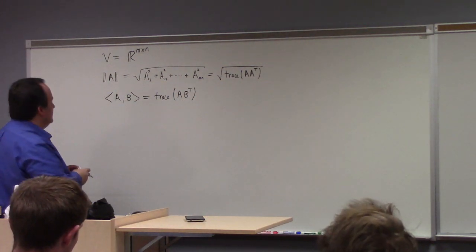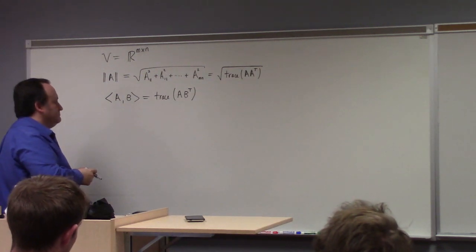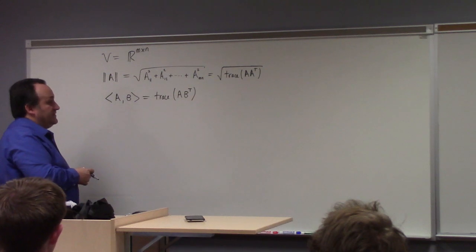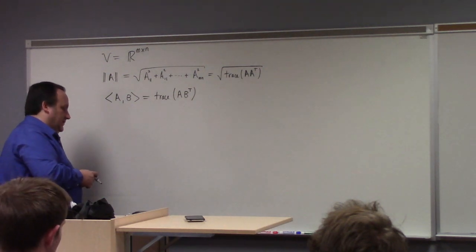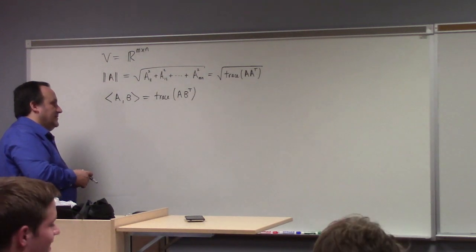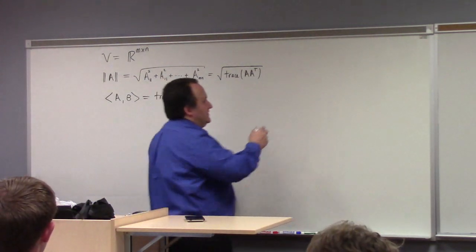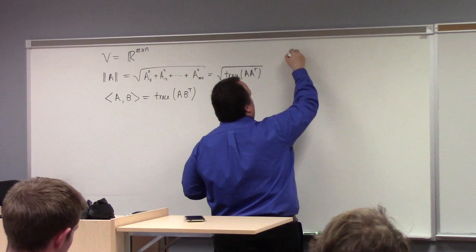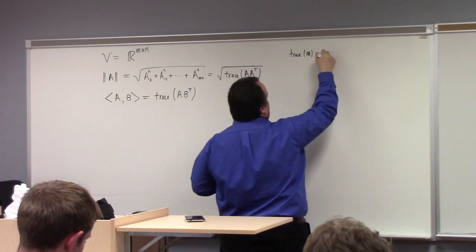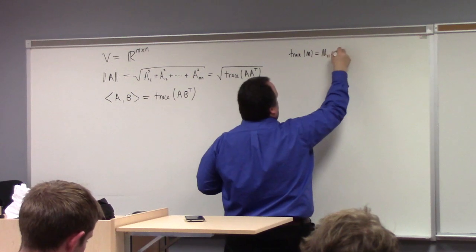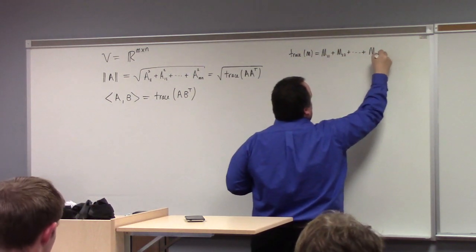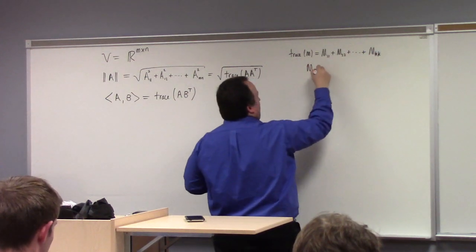Would that make sense? What's the trace? Oh, sadness. So the trace of a matrix is the sum of the diagonals. So like the trace of M is equal to M11 plus M22 plus up to MKK if M is a K by K matrix.